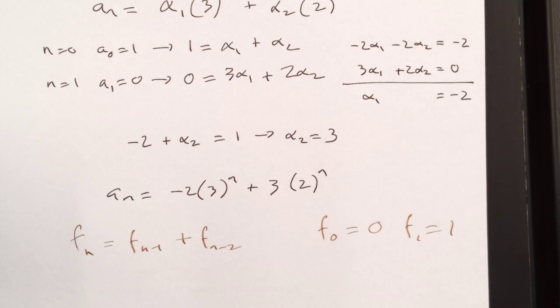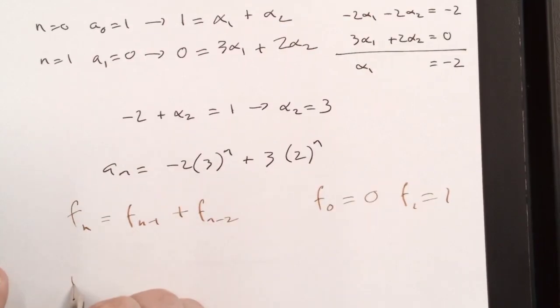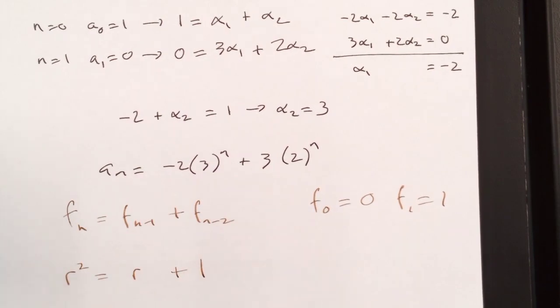It only goes back 2 steps. Rather than put in r to the n, I know that the highest power I'm going to end up with is r squared. So I could just say, oh, r squared equals r plus 1. Going down by the power, starting at 2, going down 1, going down 2. Putting the coefficients 1 and 1. You could do the r to the n and then divide by the lowest power. If I move it all to one side, r squared minus r minus 1 equals 0.